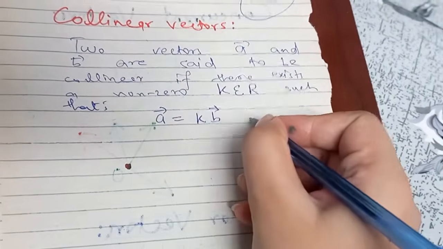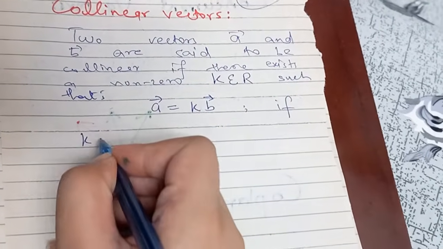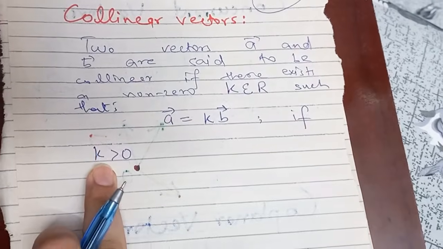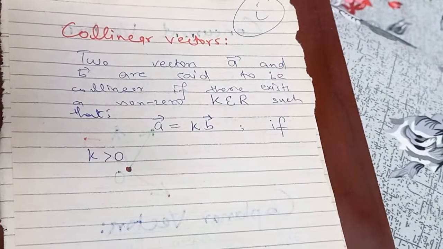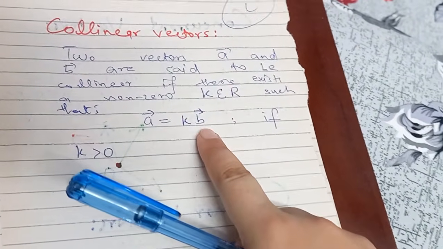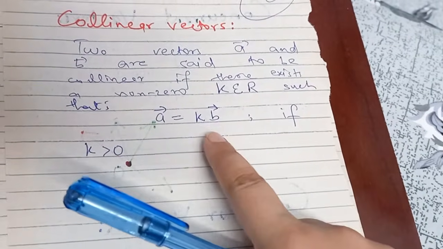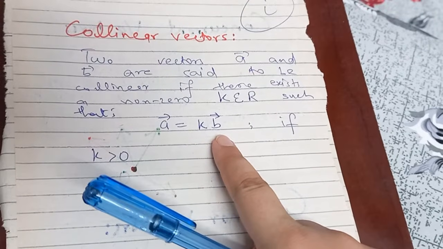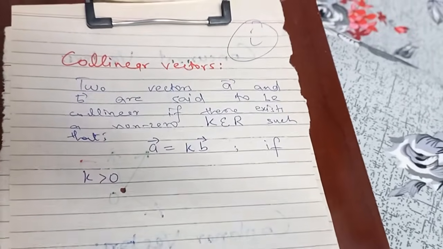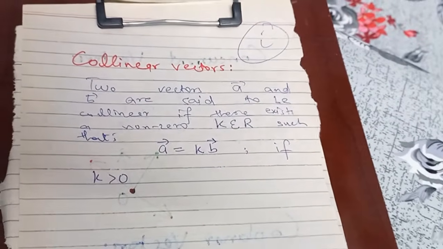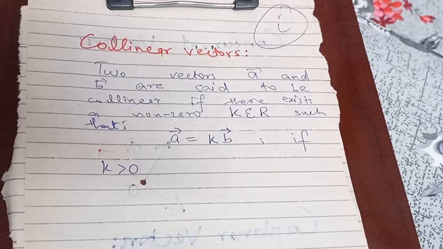So what happens if k is greater than 0? It means if k is a positive number, then A and B are in the same direction, because k is only a scalar multiple that is being multiplied to B, so it will not disturb the direction, it will only affect the magnitude. k is a scalar and magnitude is also a scalar quantity, so they will only affect each other, they will not interfere with the direction.